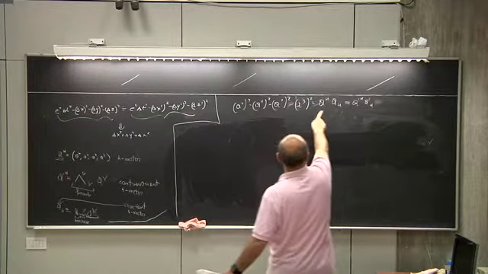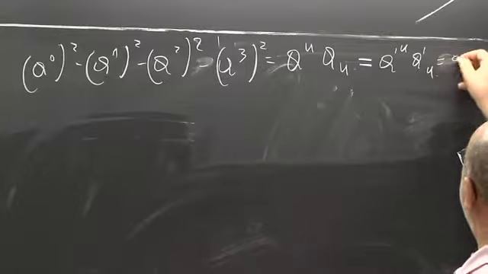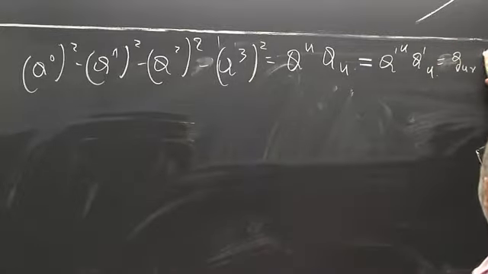So this is the 4 vector. It can be written in this manner, or it can be written in this manner: g_{mu nu} a^mu a^nu. Okay.